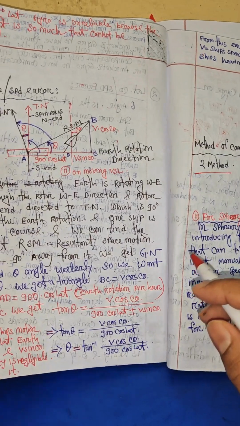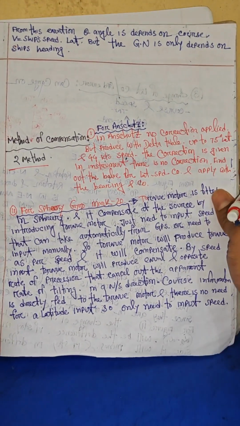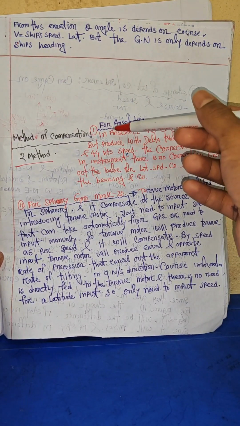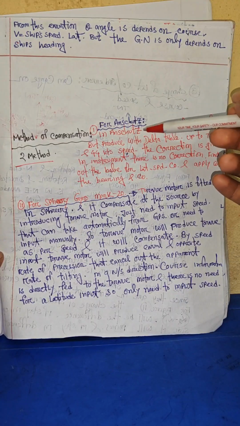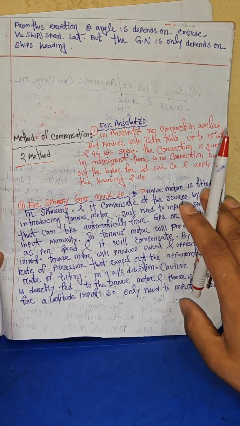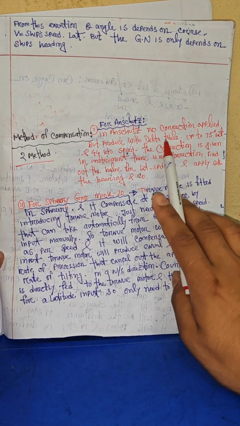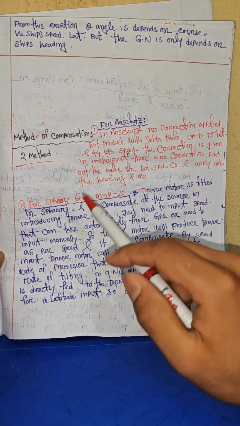And for the compensation method also I will write here for you guys. This is the compensation method. Remember there are two methods, one for the Anschutz gyro and the other for the Sperry gyro. For latitude, course and speed error, in the Anschutz gyro, there is no correction applied on the gyro compass, but they give a delta table. Guys, this delta table is up to 70° latitude and 44 knots speed.